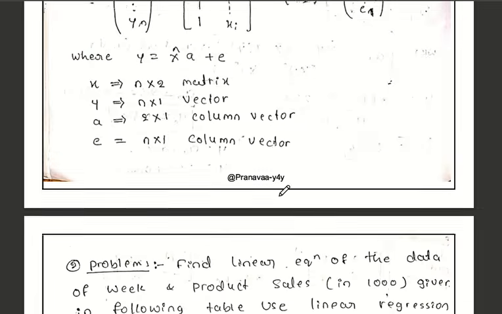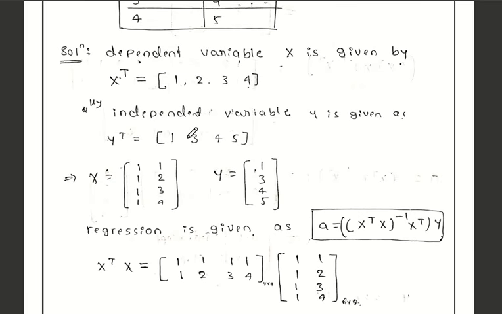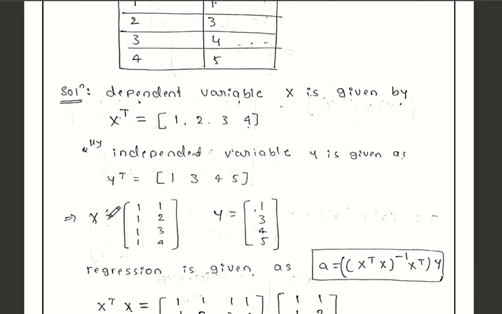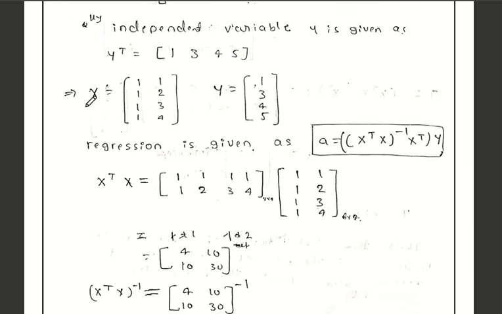Y is independent. So x transpose will be written as 1 1 1 1, 2 1 3 1 4, like that. Then you need to take this x transpose, where one row will become a column and a column will become a row. Here you multiply x transpose with this x value.